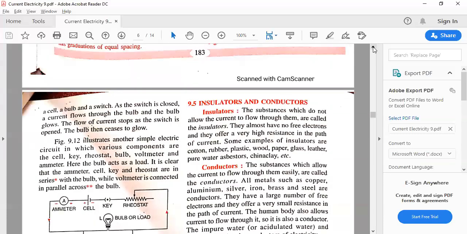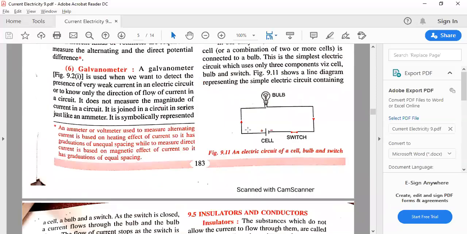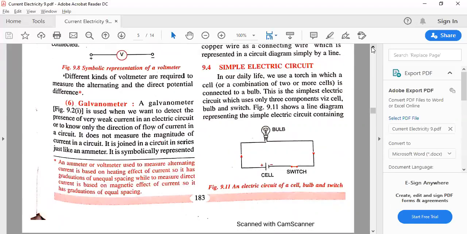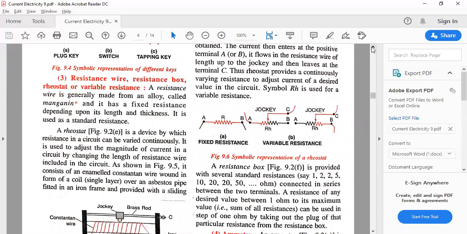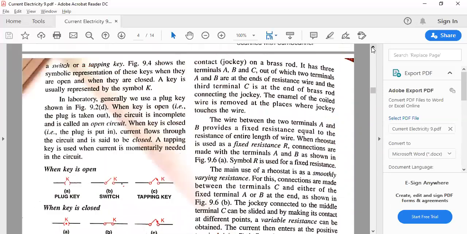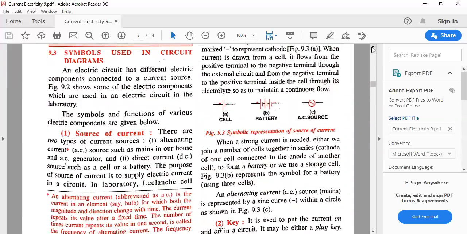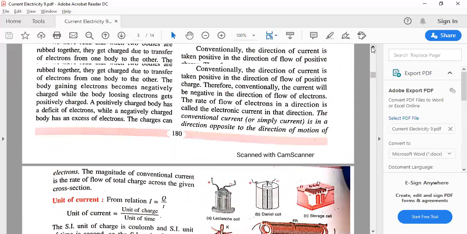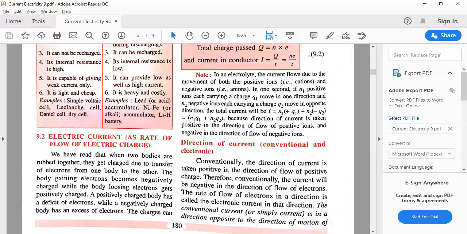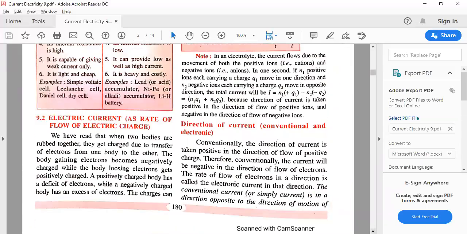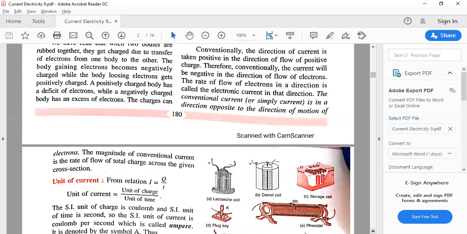But by convention, we will always be drawing the diagram that it is flowing from plus to minus. I hope you understood. So that is why it is written: the conventional current is in a direction opposite to the direction of motion of electrons.